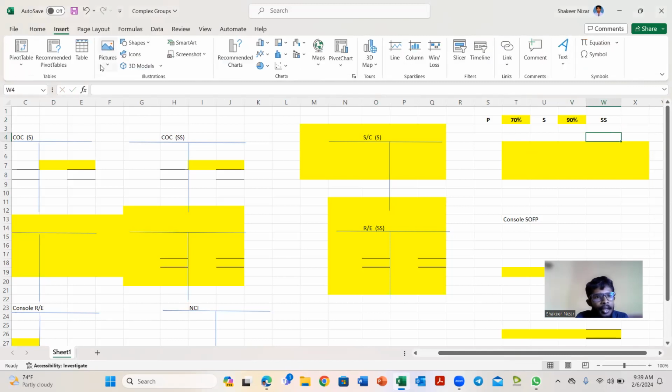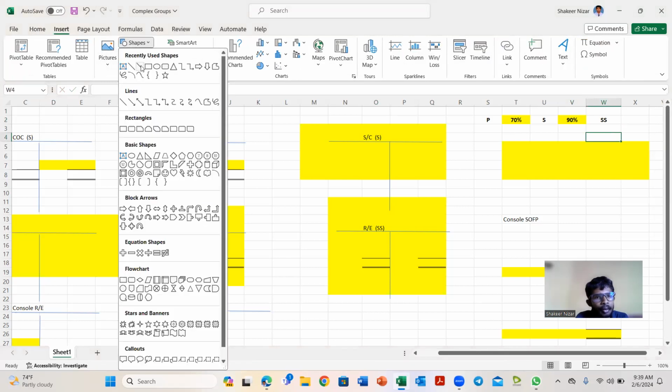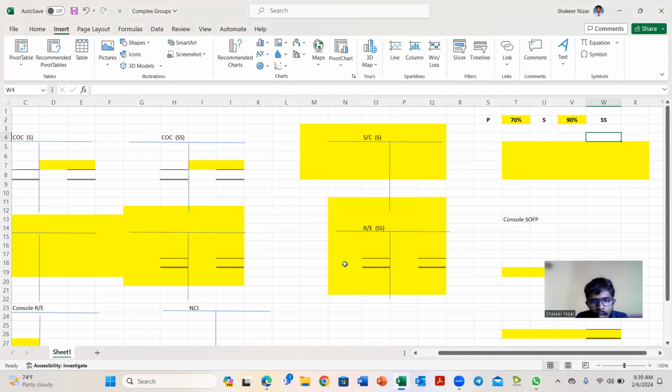Meantime, the parent also, I think I can draw it here. The parent holds 20% directly in SS. This is the direct investment, and the other is the indirect investment.